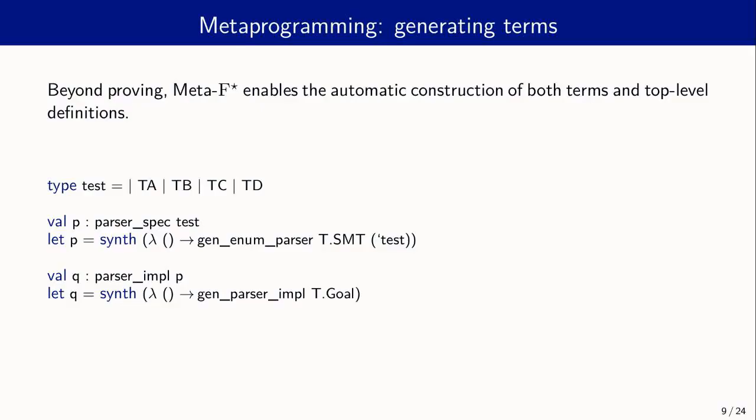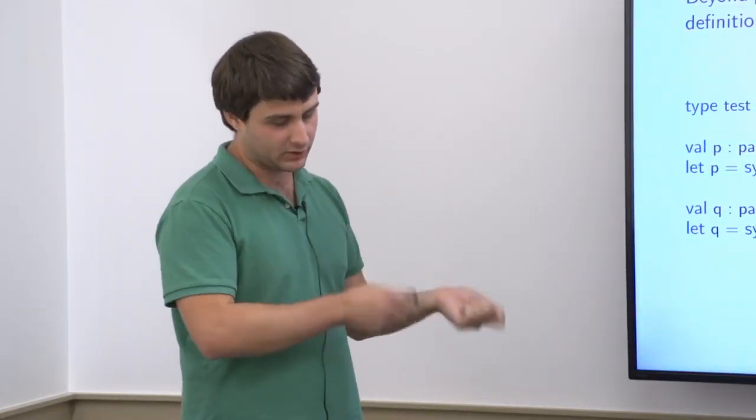One pretty arbitrarily complex thing is what Tahina developed not long ago, which is a library for generating verified parser and generator pairs.